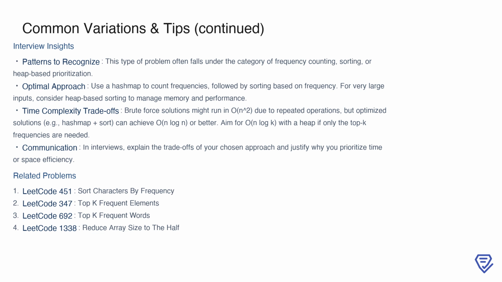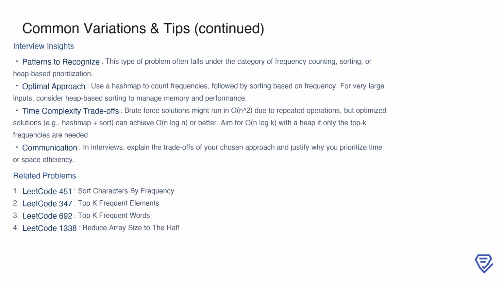Speaking of performance, it's important to understand the time complexity trade-offs. Brute force methods, which might involve repeated operations, can run in O(n squared), while optimized solutions combining a hash map with sorting can achieve O(n log n). For even better efficiency, you can aim for O(n log k) by using a heap, especially if you only need the top k frequent elements.